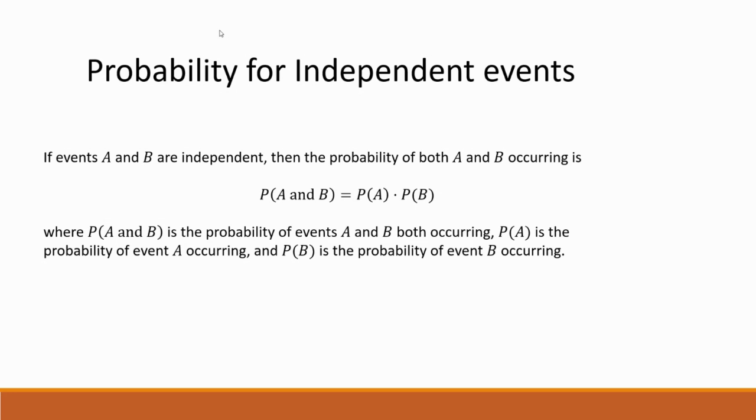Now, if events A and B are independent, what's nice about it is, as you can see here, we can more easily calculate the probability that they both occurred.